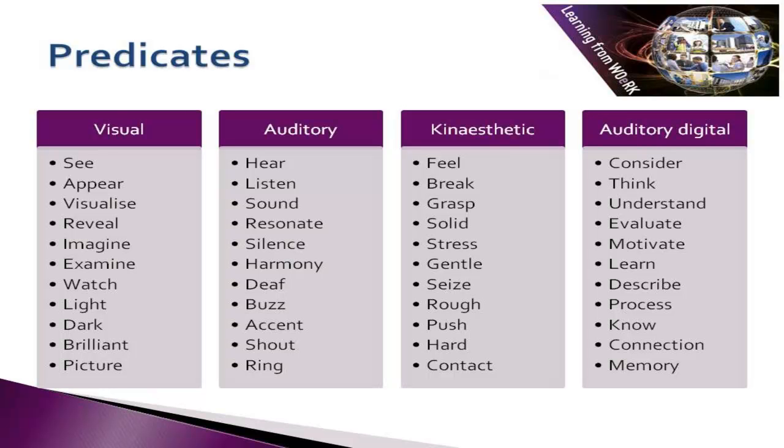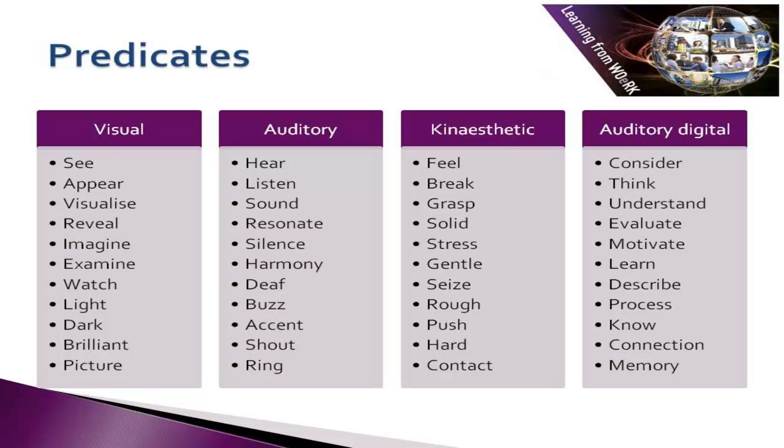Whereas in auditory the words will be like hear, listen, sound, that sounds right to me, resonate, that resonates with me, silence, harmony, deaf, that falls on deaf ears, buzz, I get a buzz out of that, accent, shout, ring, that rings true to me.